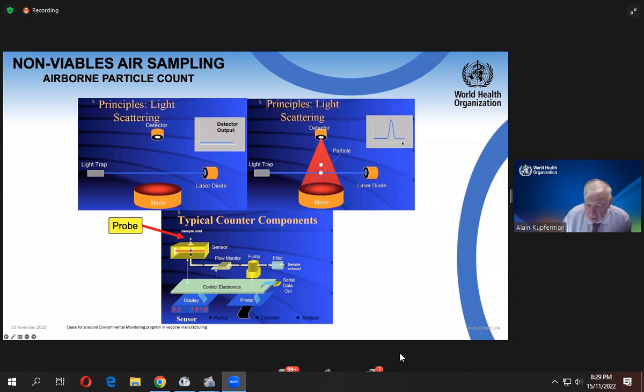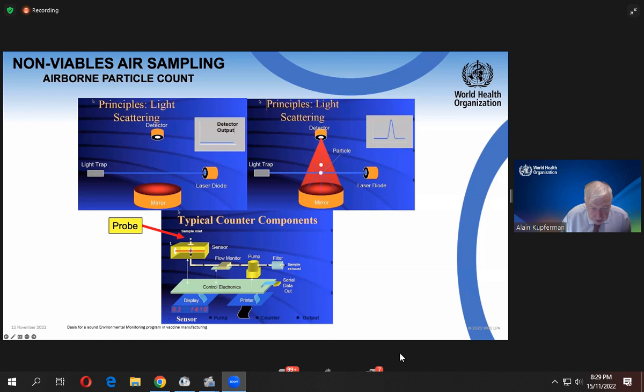That is the principle, very simple in fact. But what you see in your machine is this little part with a sample inlet, while here you have your system with the laser, etc. Then you have to extract the air, you have a flow monitor because you extract at a constant speed, which is 28.2 liters per minute, you have a pump, you have a filter.